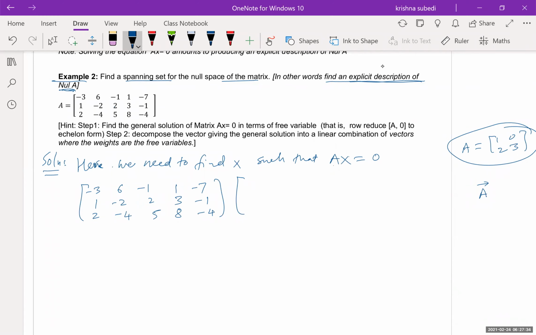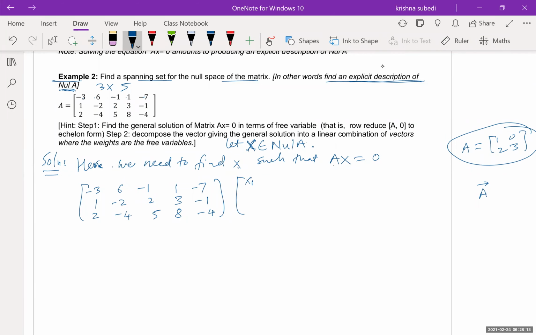In order for this multiplication to exist, A is a 3 by 5 matrix, so if x is in the null space, then x must be in R5.